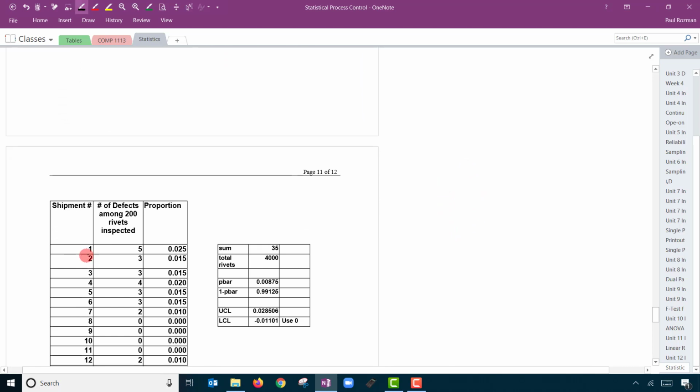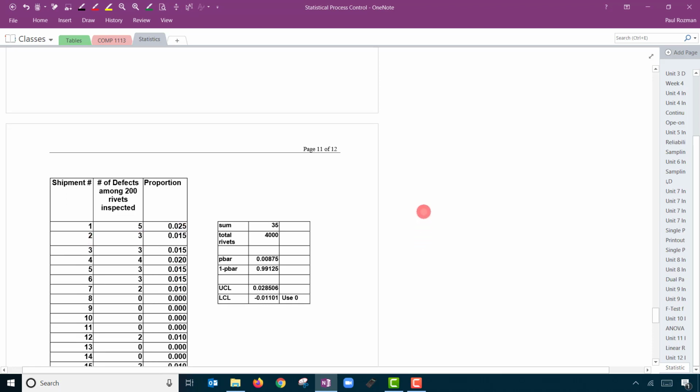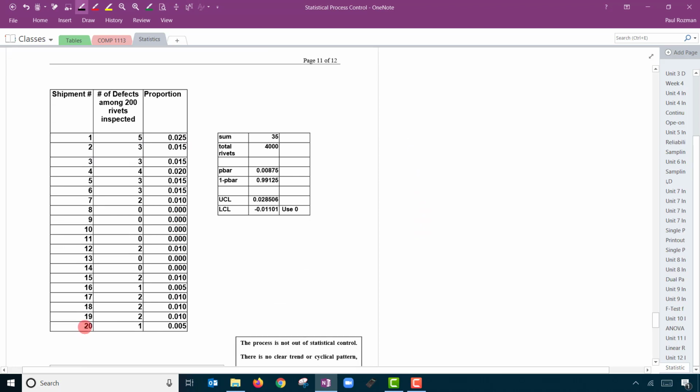Shipment number 1, we looked at 200 rivets, 5 were defective. So that day, the proportion of defectives was 0.025. Shipment number 2 had 3 defective rivets, and we just keep going. Shipment number 20 only had 1 defective, and we can calculate these proportions.